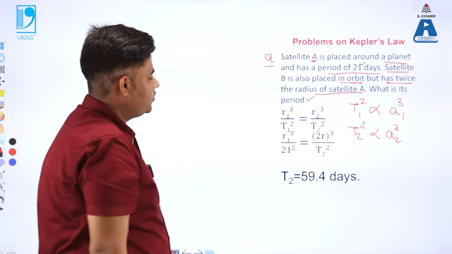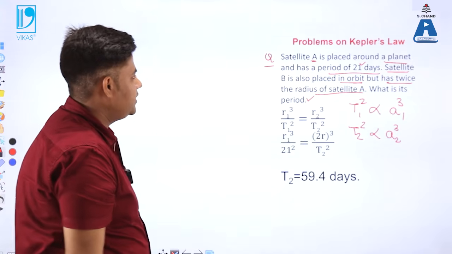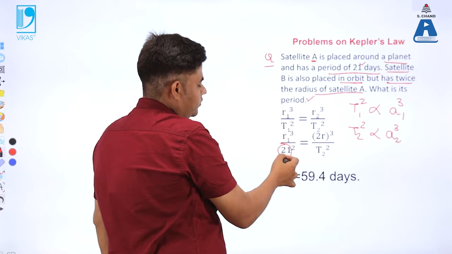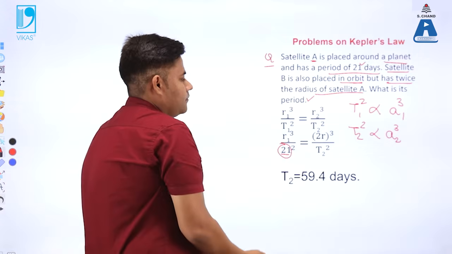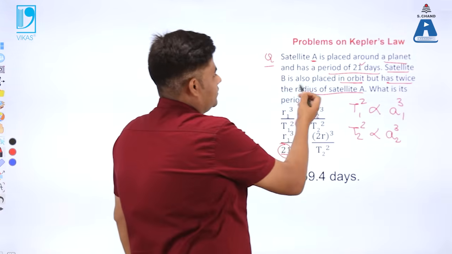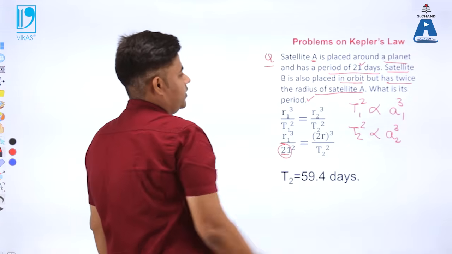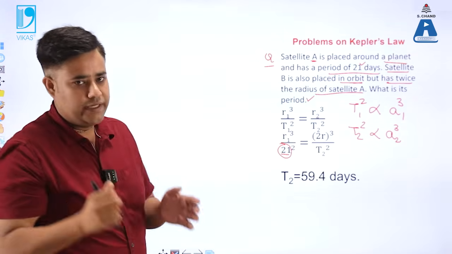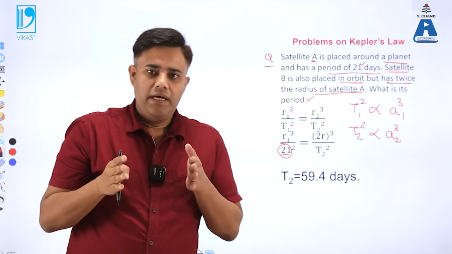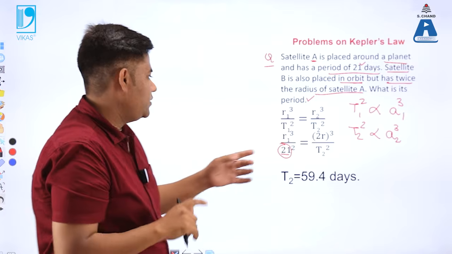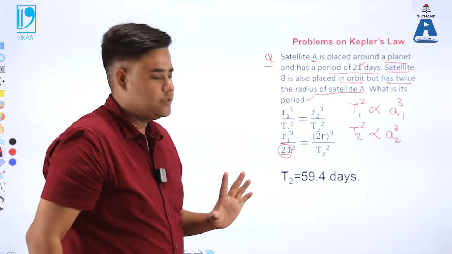It is mentioned in the question that the time period for the first satellite is 21 days. So T1 is 21, and I need to substitute 21 here. And it is also mentioned that satellite B is placed in an orbit which has twice the radius of satellite A. The radius of the satellite is indicative of the semi-major axis, so R is the semi-major axis only.